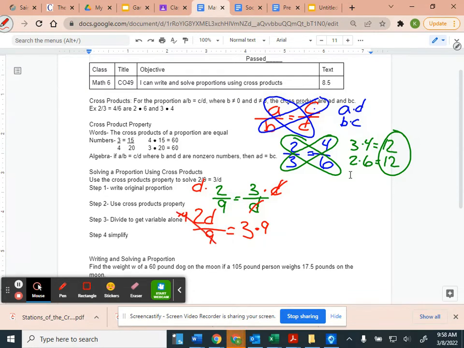So the 9's cancel out, so 2D equals 27, and I divide by my 2, and D is going to equal 27 divided by 2, which is 13 and a half.